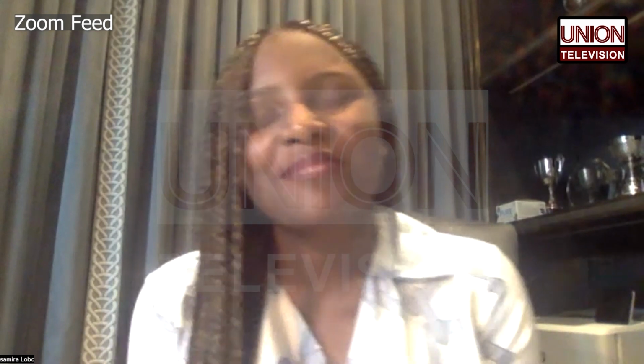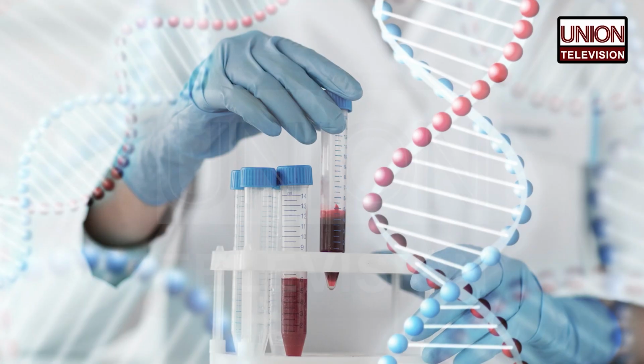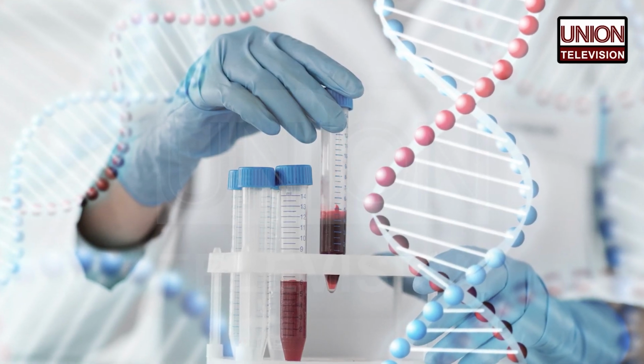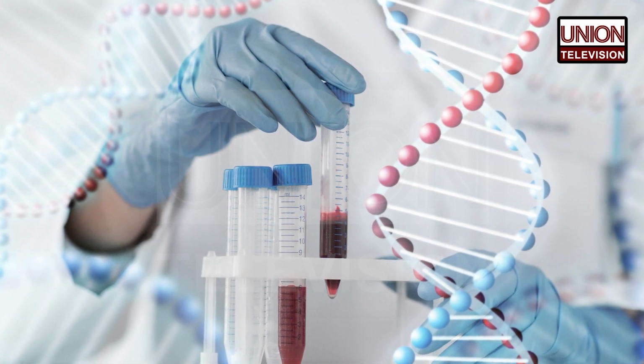Well, I wouldn't know what to say about that particular scenario. But I do know that when it comes to DNA testing, people are reluctant, whether it is for a paternity test or to look for cancer markers.